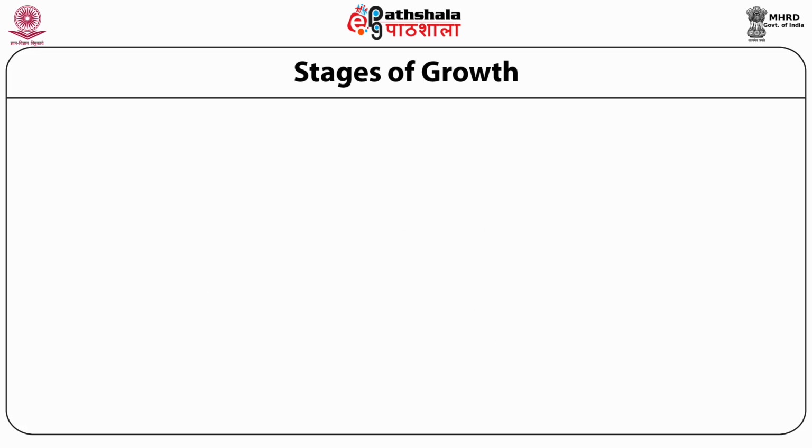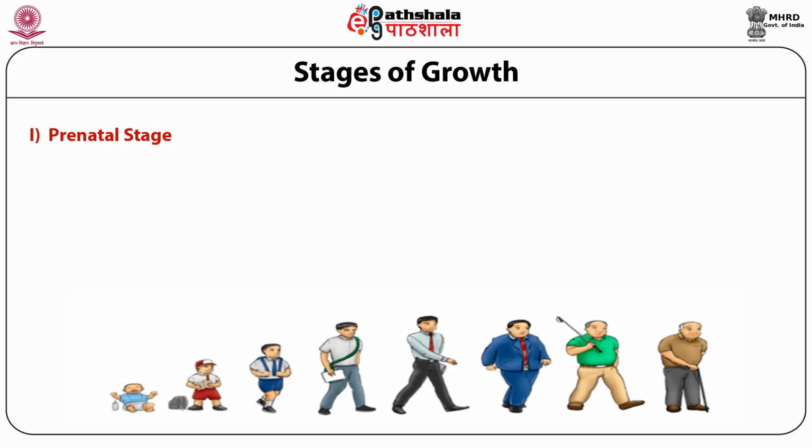This shows us the stages of the prenatal growth of the human body, and these prenatal stages can be further categorized into three broad categories. The embryonic stage, which is also called the first trimester of pregnancy, starts with the conception of the zygote and goes to the 8th week of pregnancy.